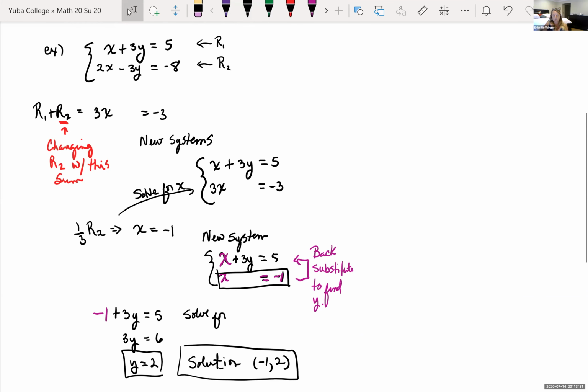Okay, so there are 3 things that we can do to take a system of equations and manipulate it to be an equivalent system where they have the same solution. We were kind of doing this right here in some of those.